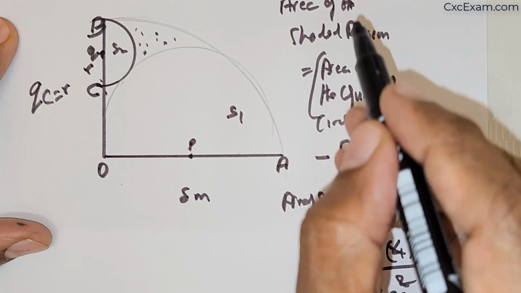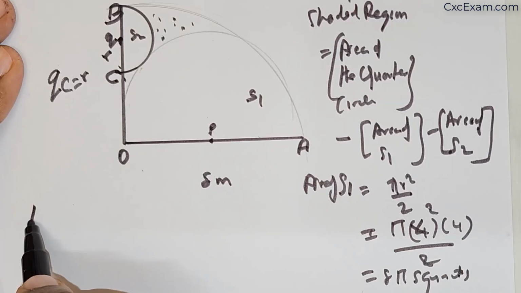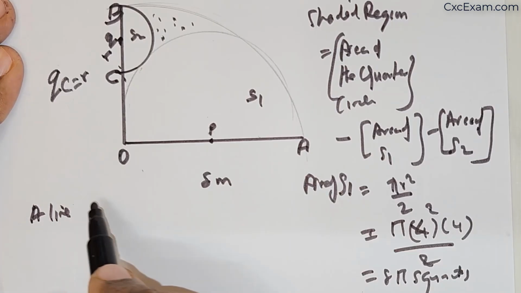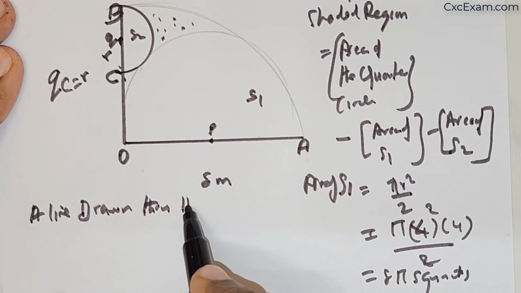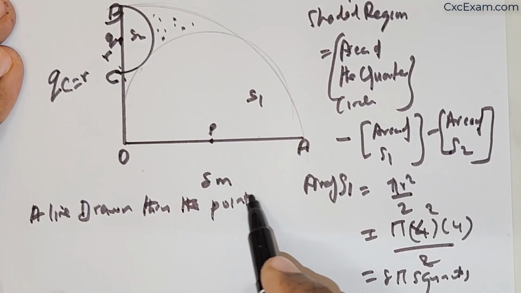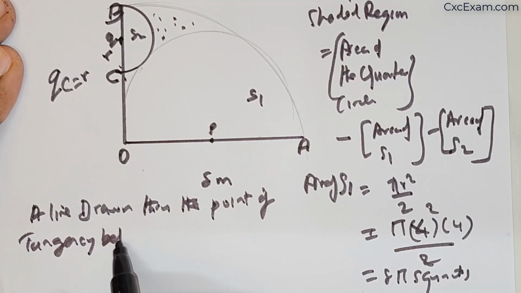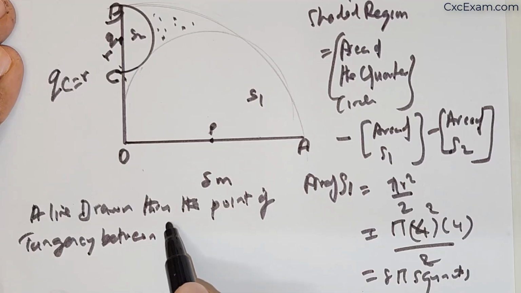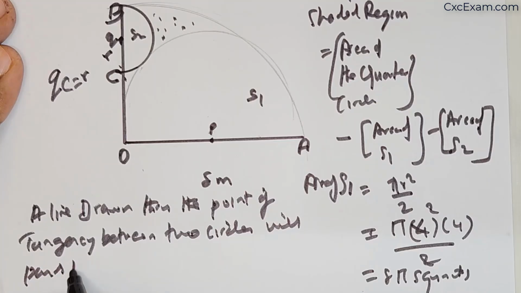Okay. Now we have a theorem. Let's call it the radical axis theorem. A line drawn through the point of tangency between two circles will pass through their center.